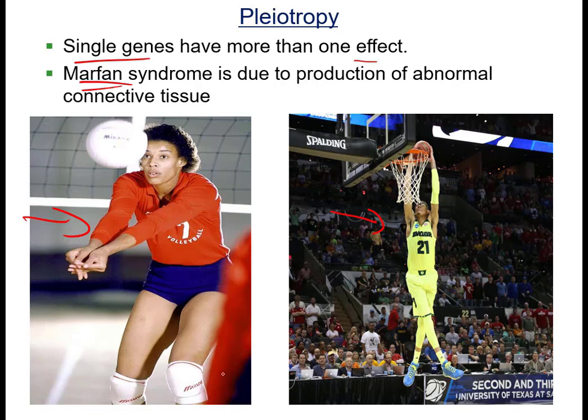They can have a heart attack. Flo Hyman, this famous volleyball player I'm telling you about, actually died on the court during a volleyball game from heart failure. So people with Marfan syndrome, even though they're extremely tall and athletic, should not be overexerting themselves because of these heart problems. This is all due to one single gene, but it has multiple effects on the body. This is an example of pleiotropy.